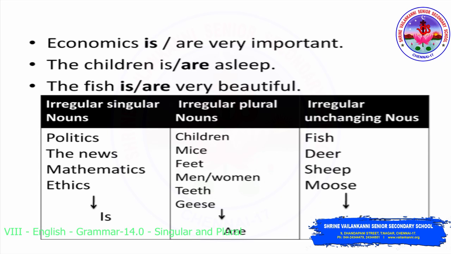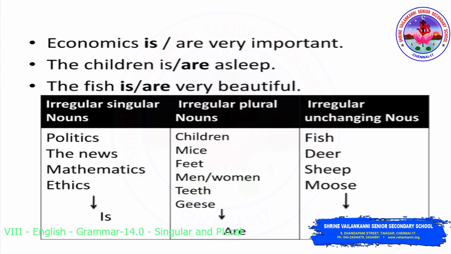Okay. Next one, irregular plural nouns. Here there is no S, but it's plural. The first one, children are, the mice are, my feet are hurting, the men are, the women are more powerful, my teeth are, the geese are.